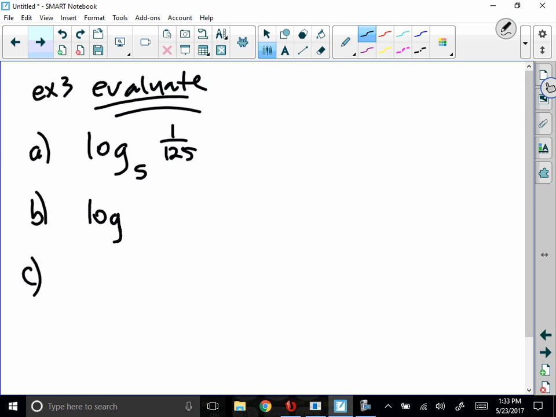The log base 16 of 8. The log base 27 of 1. These are all good ones. I'm going to do one more, number D. This is a confusing one. The natural log of e squared. Okay. So what do we think about number A? Any ideas?